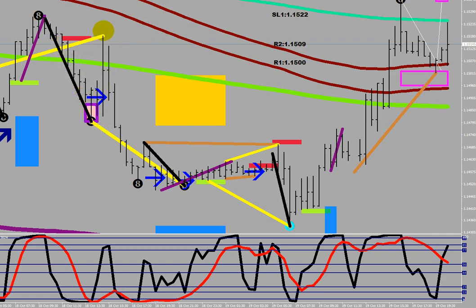Well, it would come back here and it could knock you out if you have a trail stop going. But with high probability, this move would have worked in your favor, and you could have made money on the downside.